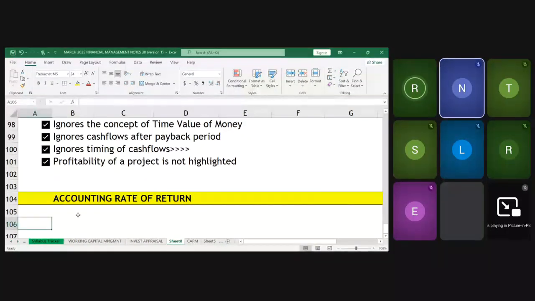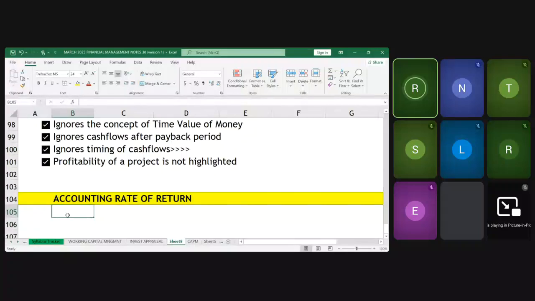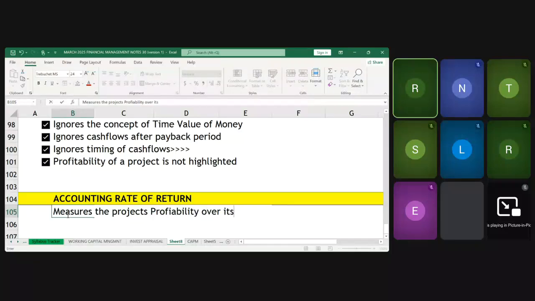Okay, let us look at accounting rate of return. We are saying it measures the project's profitability over its entire lifespan.